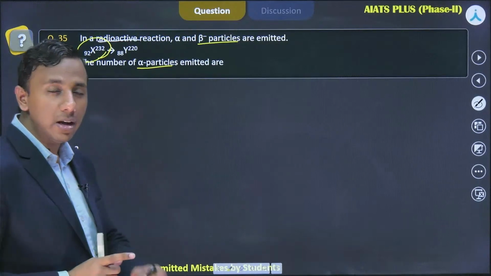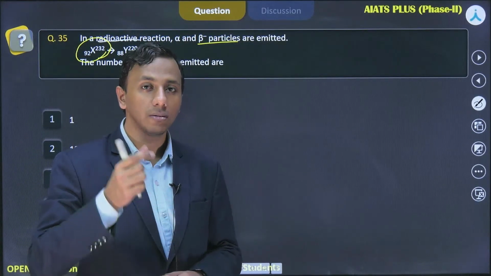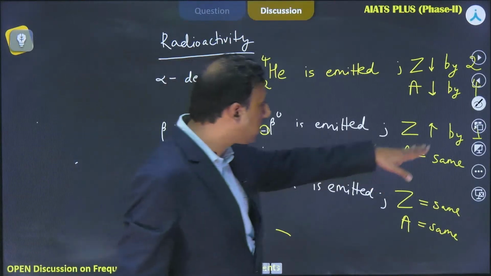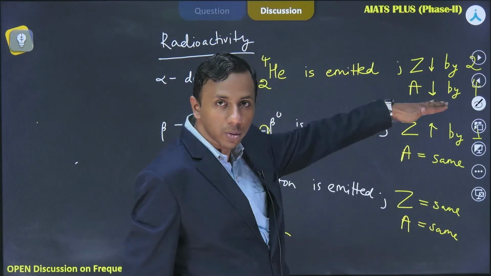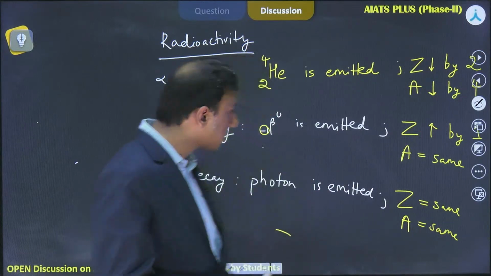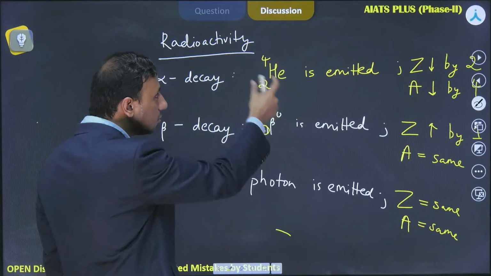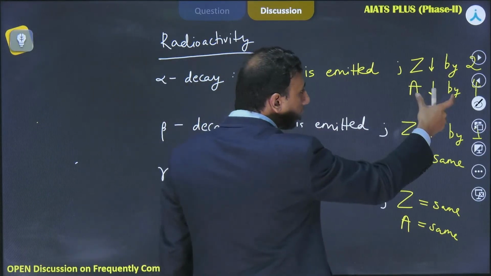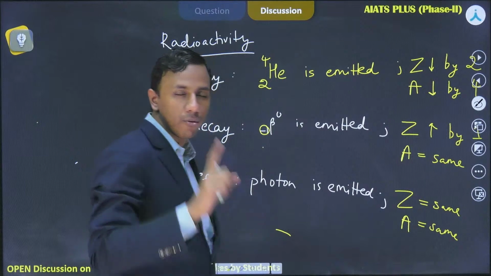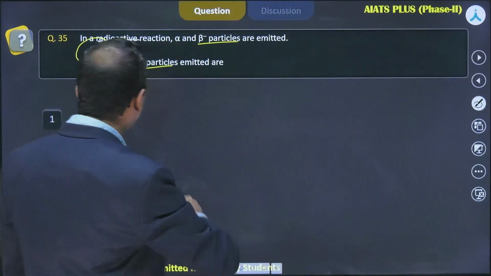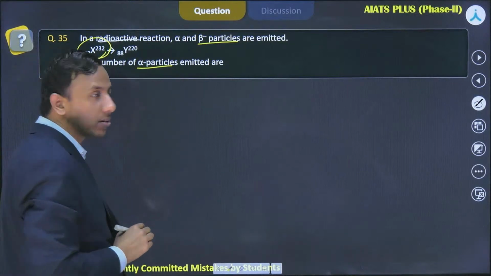But if you remember, in which decay did I talk about change in mass number? Mass number was changing not in beta decay, but only in alpha decay, right? For each alpha particle that is emitted, or helium nucleus, mass number will decrease by 4. But here, mass number has decreased by how much?